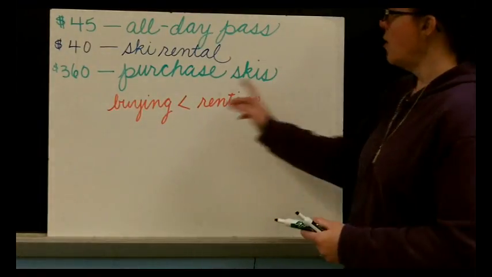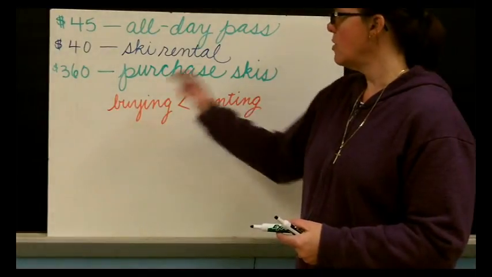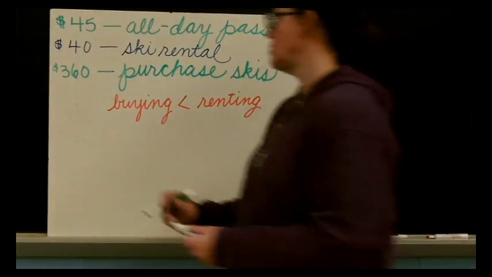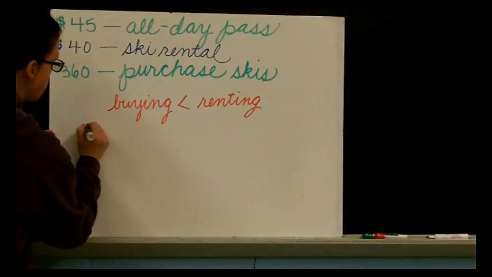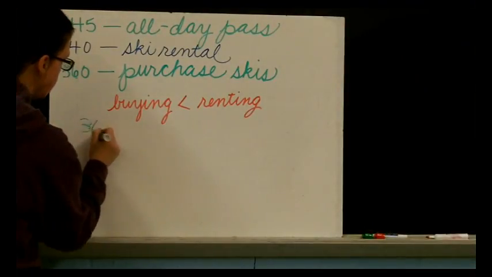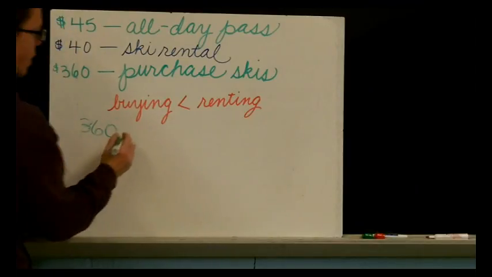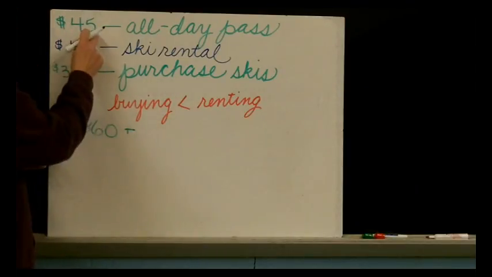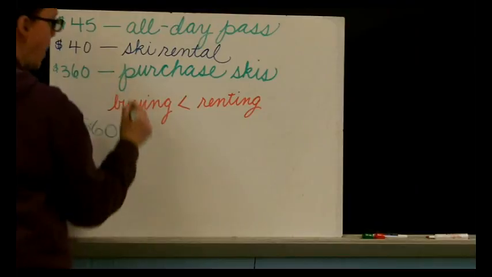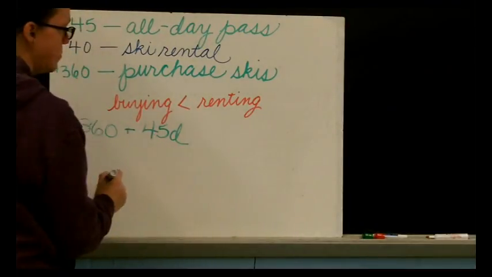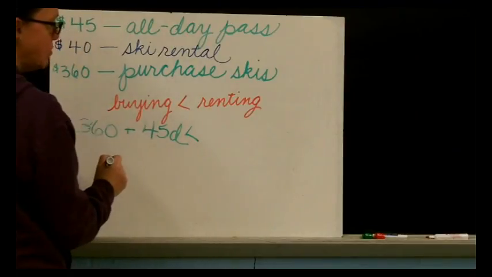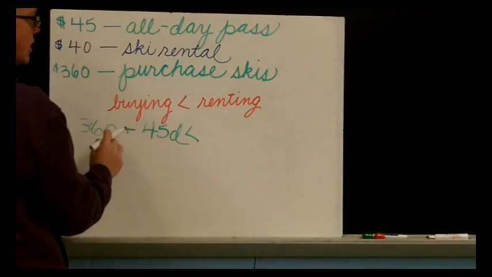How are we going to do that? Well, what's involved with buying your skis? We know the cost of the skis is $360 plus $45 per day for the pass. So we'll call that 45D. And that must be less than the cost of renting.